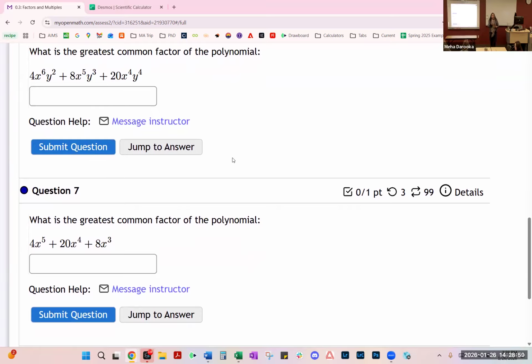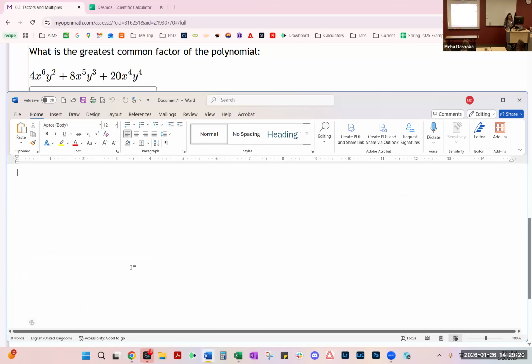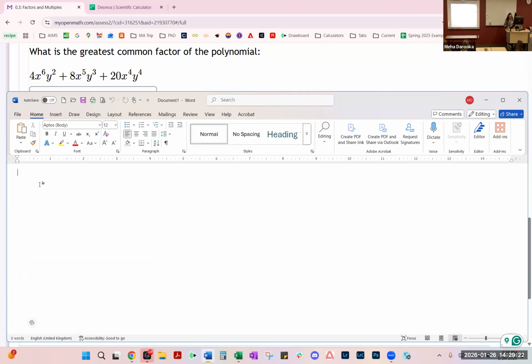Unlike the least common multiple, where we took everything else which was not common and multiplied it, in greatest common factor, you only look at what is the same between all the terms, but leave everything else out, which is not common. So if we look at this one over here, I'm actually going to break these terms down individually.